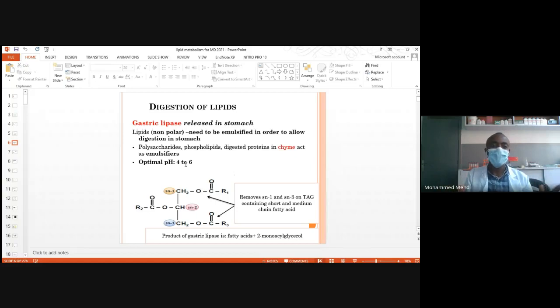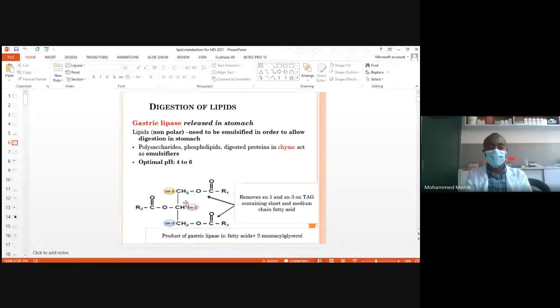But in children, the environment of the stomach is not acidic like in an adult person. So this enzyme is more functional in the neonate or in children than in an adult person, similar to the first enzyme called lingual lipase.